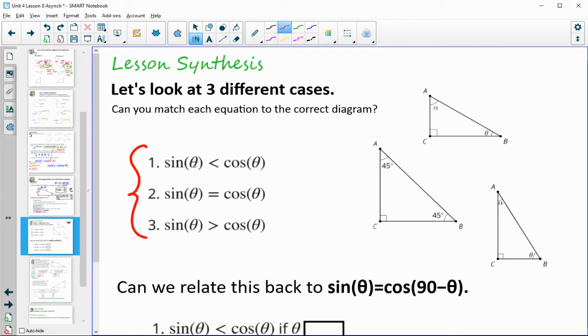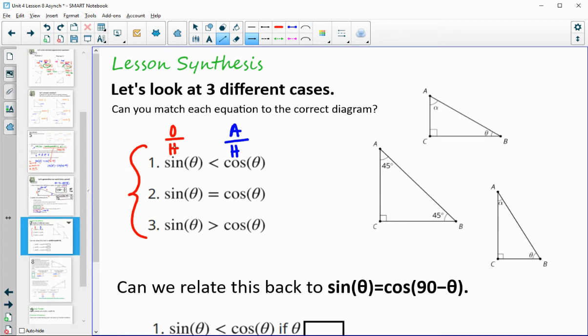Thinking about sine of theta versus cosine of theta: when would the sine, which is opposite over hypotenuse, be less than the cosine, which is adjacent over hypotenuse? When would they be equal, and when would sine be bigger than cosine? Pause the screen, see if you can think about where those are going to match up, then come back.